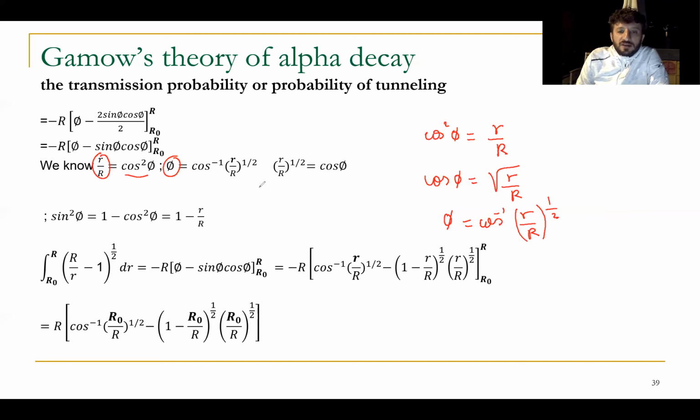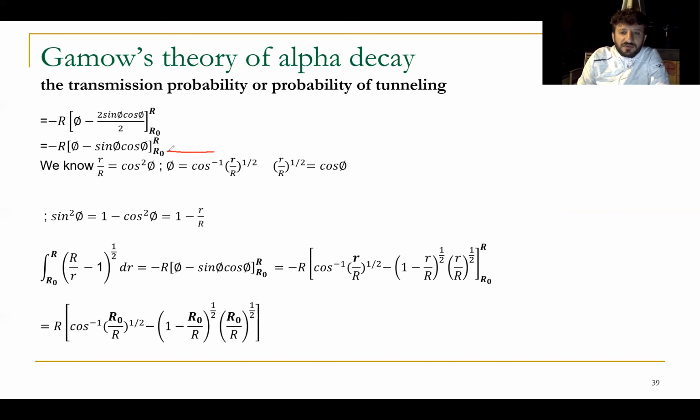Okay, so we can put phi by its value. It's okay. We calculated phi. Now cosine phi also can be calculated, which is equal from this one to r divided by R, power half. And also we can calculate sine phi.